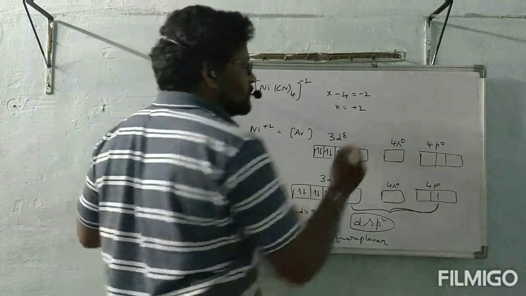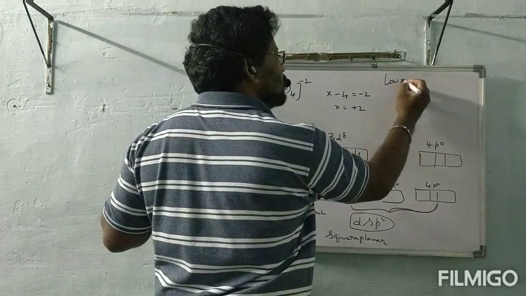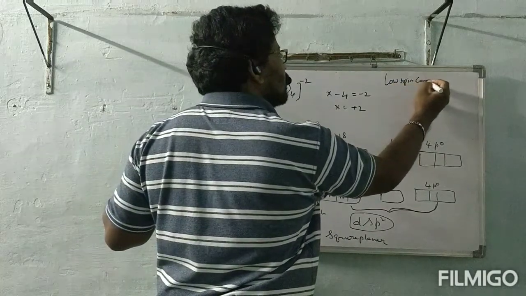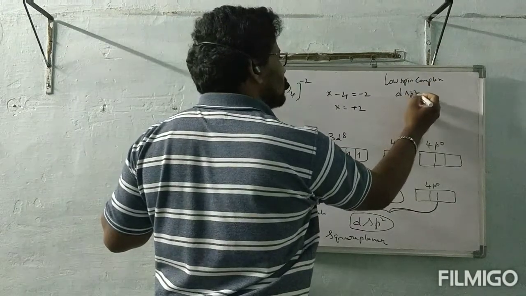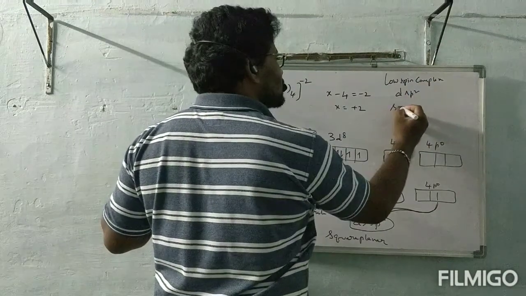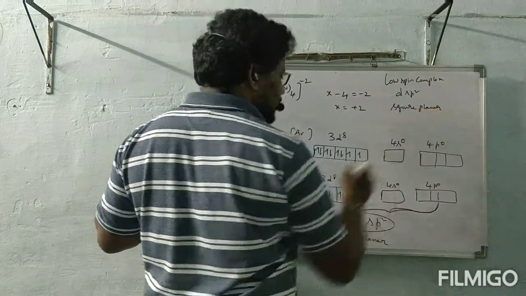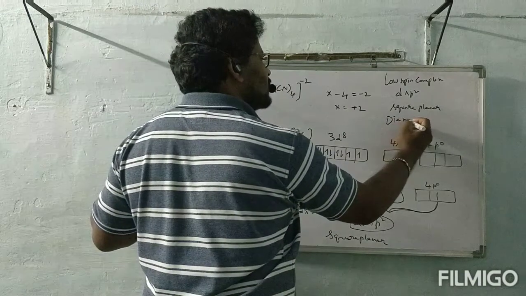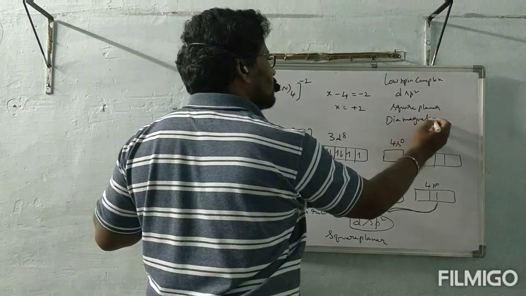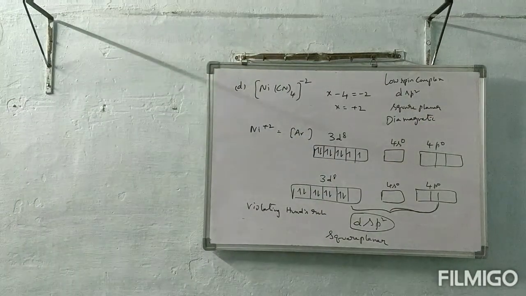So this is a low spin complex because pairing has taken place. dsp2 hybridization, square planar structure. Is any unpaired electron present? No unpaired electron. Then this is diamagnetic in nature. This is the fourth example.